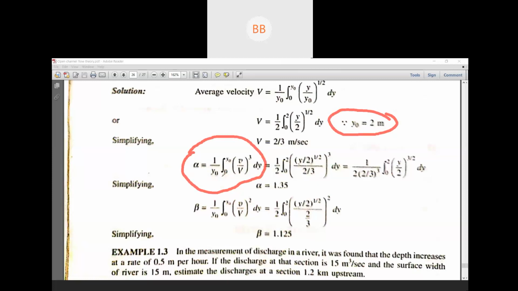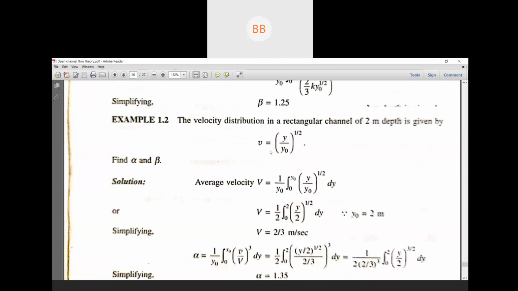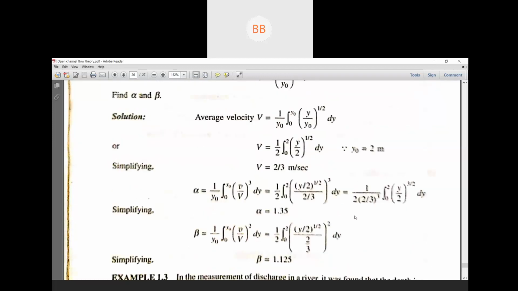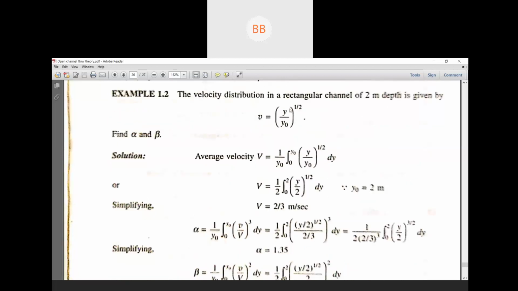So 1 by 2, limit you set 0 to 2. Then in place of small v, we are going to use this equation which is given in the question. So here y by 2, as we know y naught is already 2, it's given.